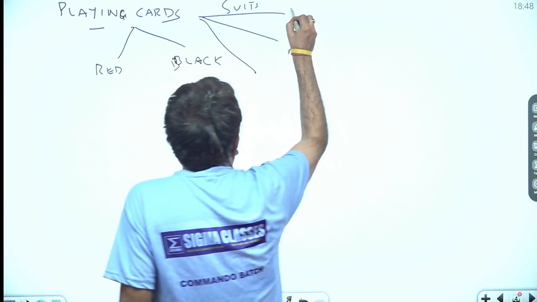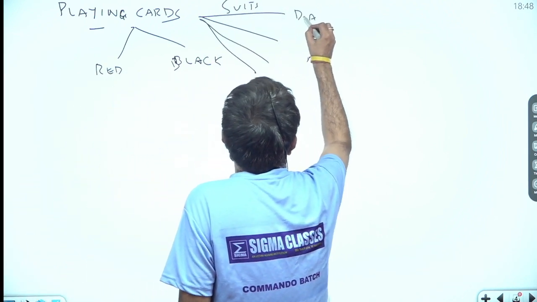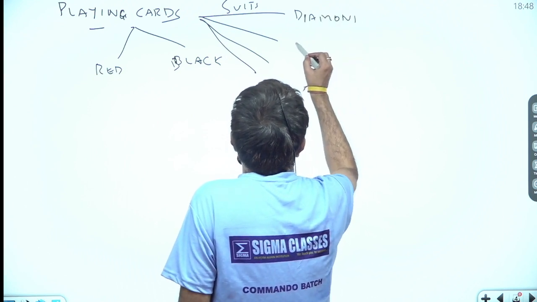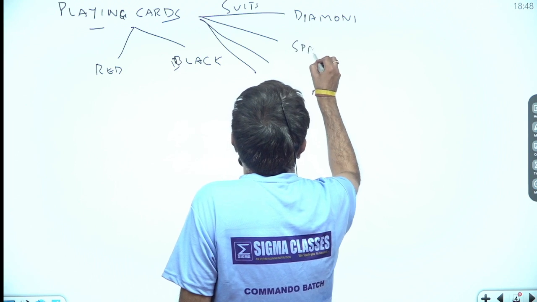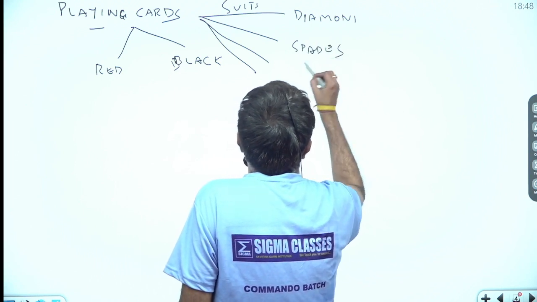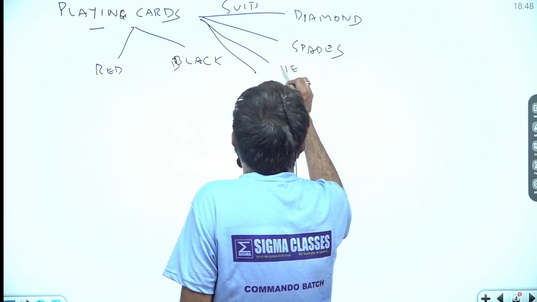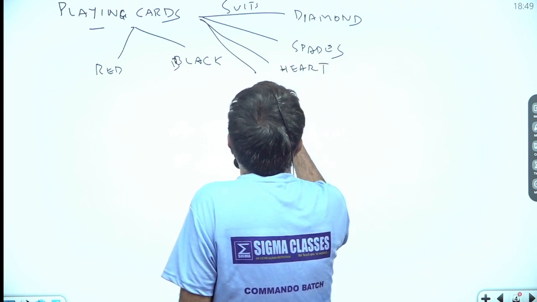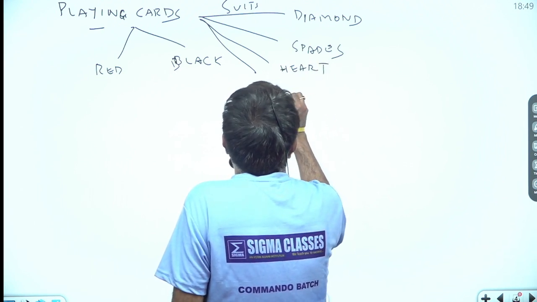So you have diamond, you have spades, you have heart, and you have club.